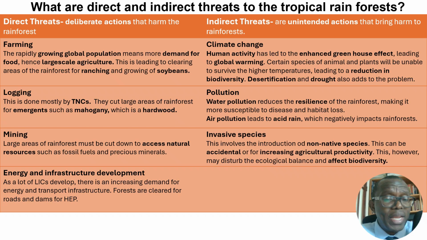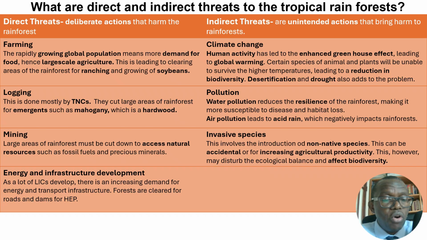Then we have mining. So large areas of the rainforest must be cut down to access the natural resources such as fossil fuels and precious minerals that are in the rainforest. Okay. Then the last direct threat is energy and infrastructure development.